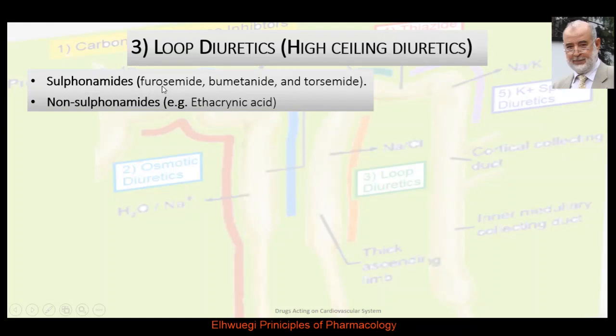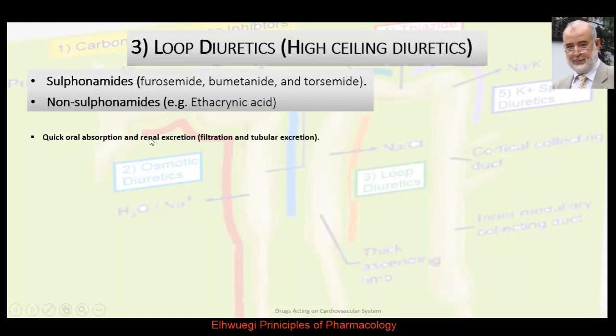Furosemide is a sulfonamide, can subject a person to allergic reaction, while ethacrynic acid is not a sulfonamide and does not produce allergic reaction. So loop diuretics, when they are taken orally, are quickly absorbed and quickly excreted into the kidney by filtration and tubular excretion.